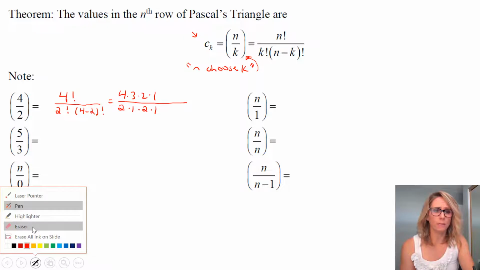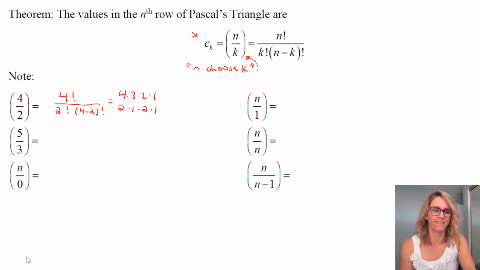I realize I just made a very large fraction bar there that I don't need. So let me tighten that up. And then you can simplify any common factors. So I can do this. You'll see that I have 12 divided by 2, which is just 6. So it's just a number.